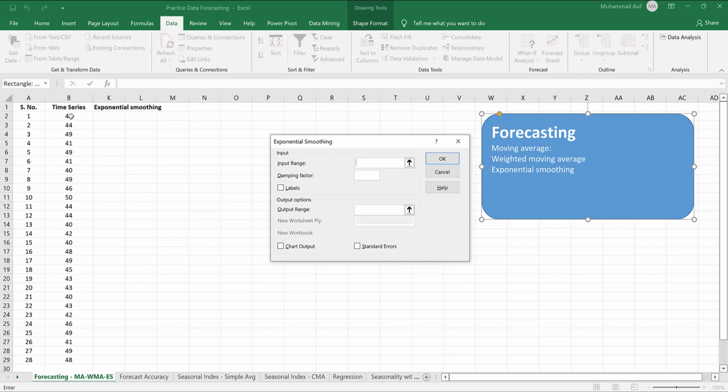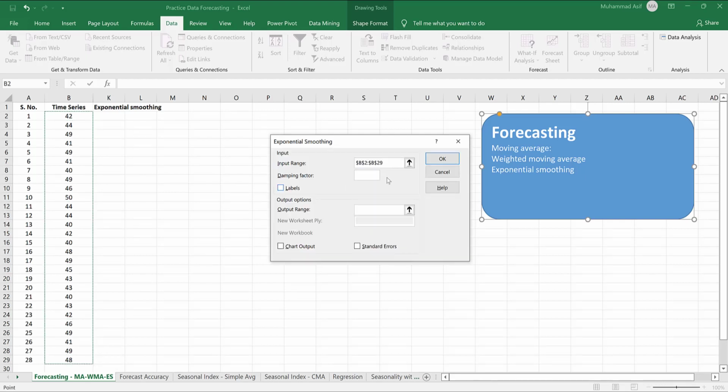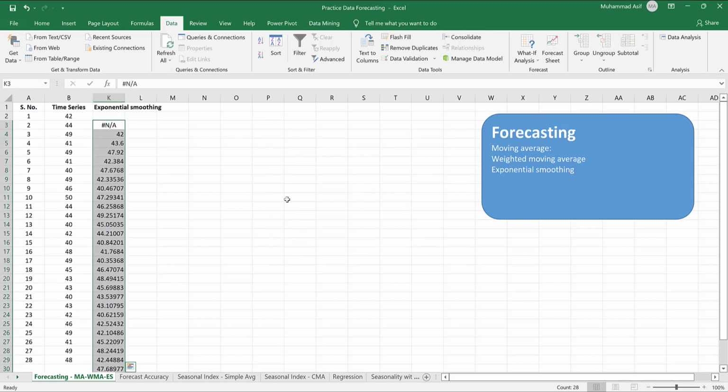In exponential smoothing, input range remains the same, that's our time series, and dampening factor let's make it 20% or 0.2, and we want our results to appear here, and then click OK. And this is exponential smoothing. I will drag it one cell above.